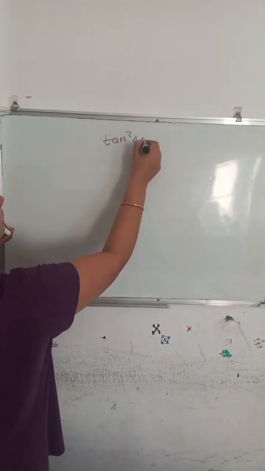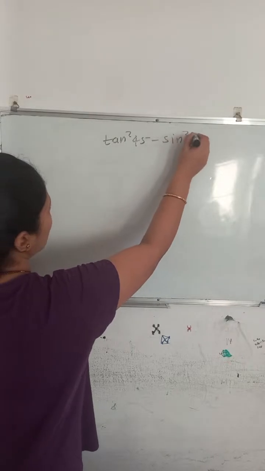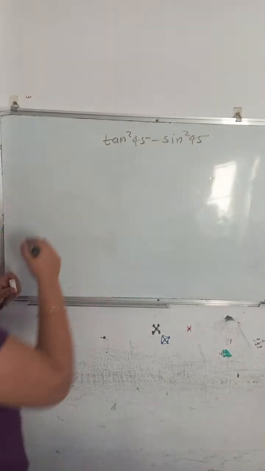Tan square 45 minus sin square 45, and they are asking for the value. They gave the options: the first option is 1 by 4, 3 by 4, 1 by 2 and 0.